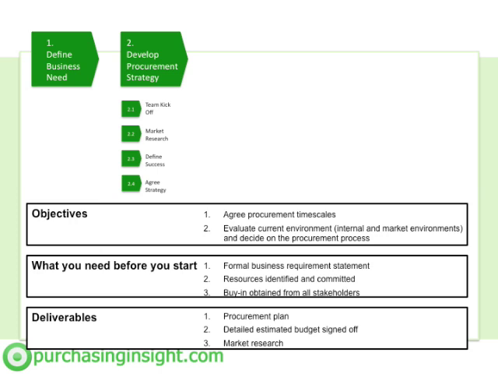You have resources identified to support the project and they need to be committed. And you need to have made sure that you have full buy-in from all stakeholders. At the end of this stage, you'll have a procurement plan, a detailed estimated budget that's signed off, and you'll have some detailed market research.